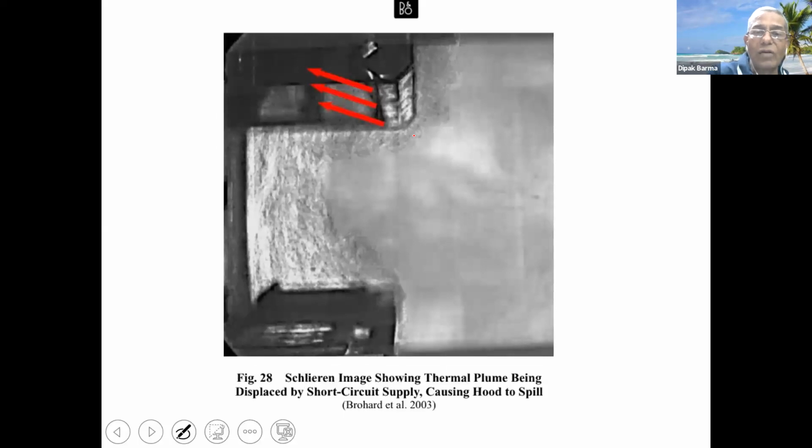Putting it inside, we have a problem. It does not allow the smoke to come out, but because it is being put inside, this pushes out the smoke from here and it starts leaking out here. So the capture is fine as far as the smoke is concerned, but the containment gets upset because of this airflow.